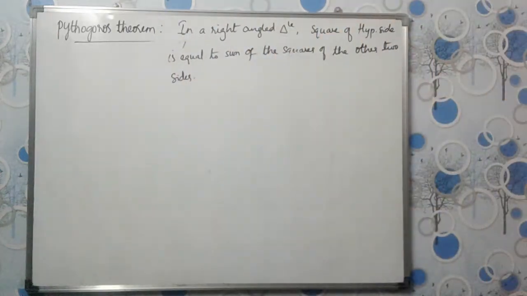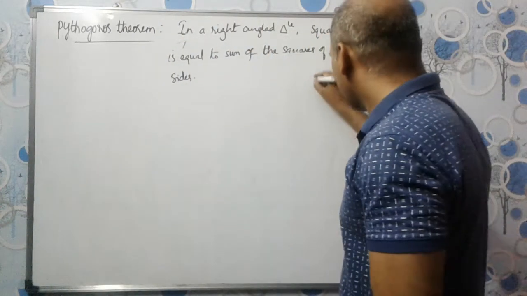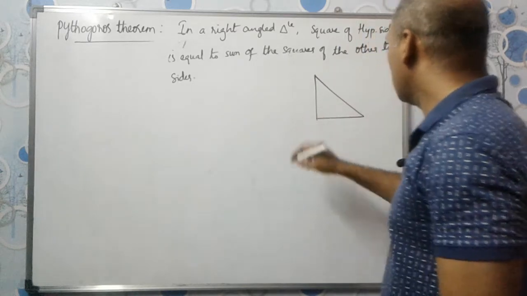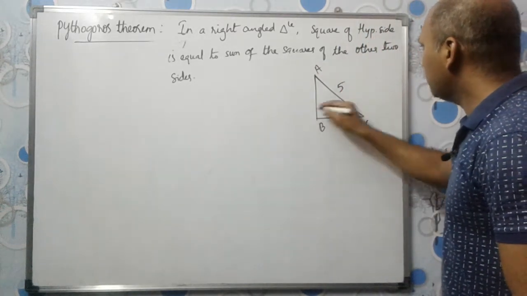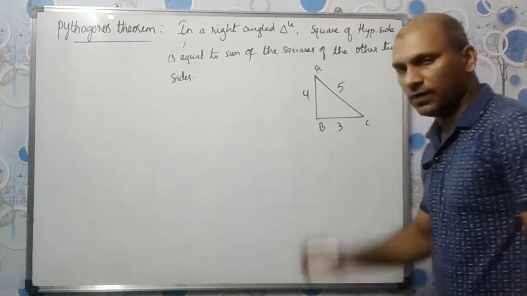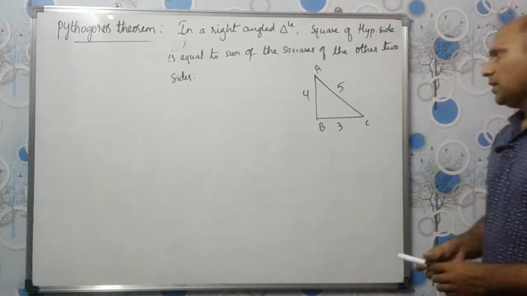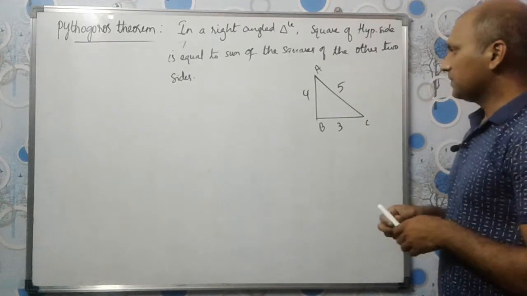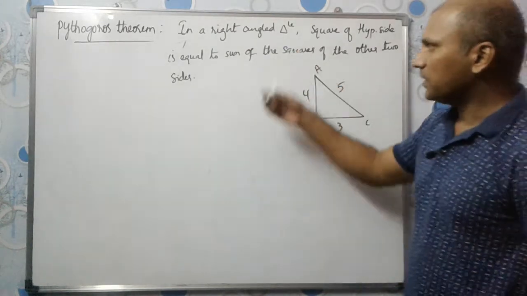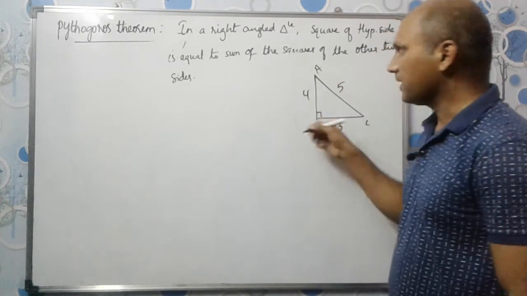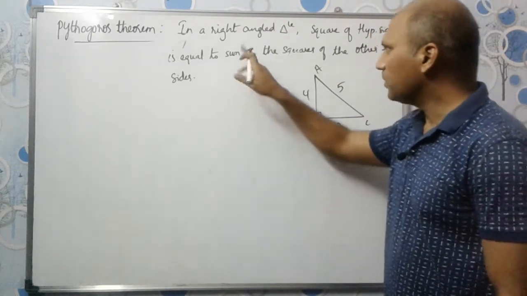All right. So let us take one triangle which is very famous. A, B, C, 5, 4 and 3. 3, 4, 5. Okay. Now, see here. Let us verify Pythagoras theorem for this. It is a right angle triangle. Let us verify. Hypotenuse square.